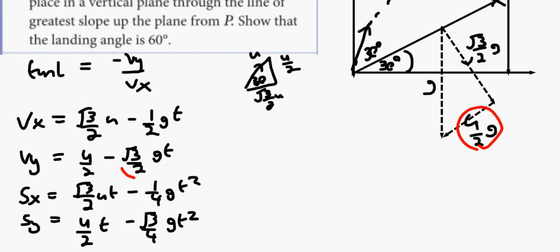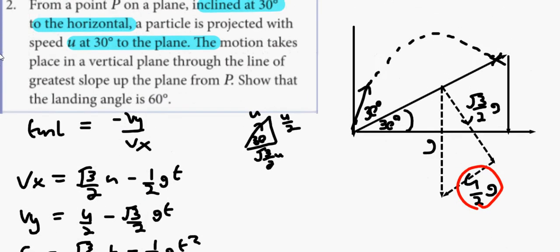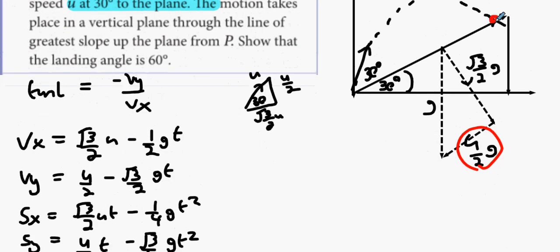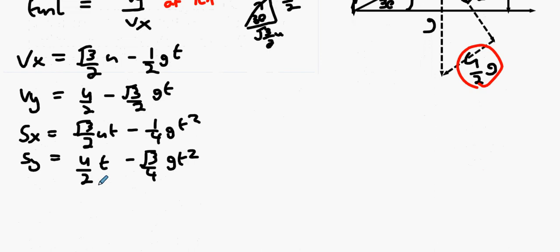Okay. Now, what are we looking for next? We're looking for the landing angle. So we need Vx and Vy at time of flight. So let's find the time of flight. Put Sy equal to 0. U over 2 T equals root 3 over 4 GT squared. Cancel the T's.